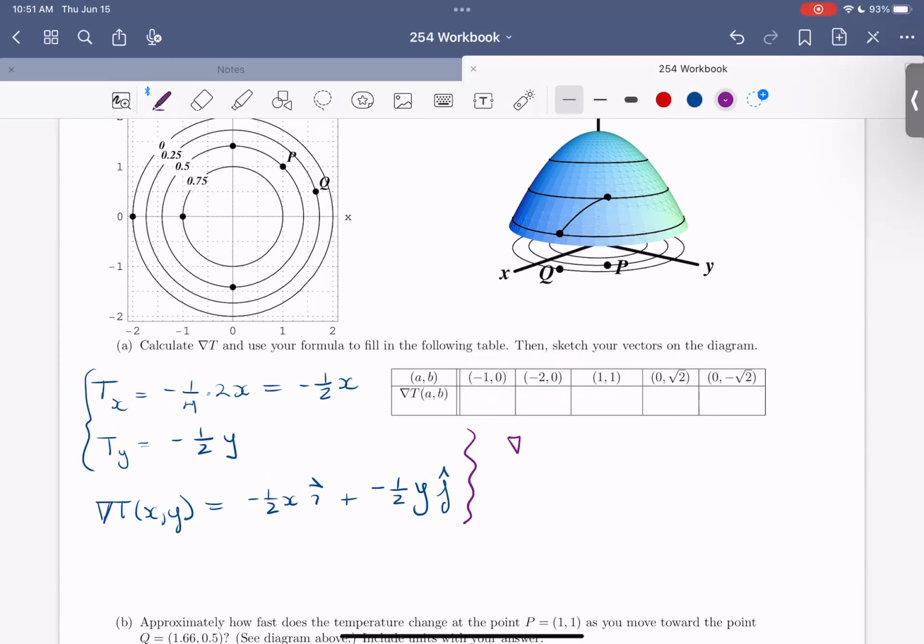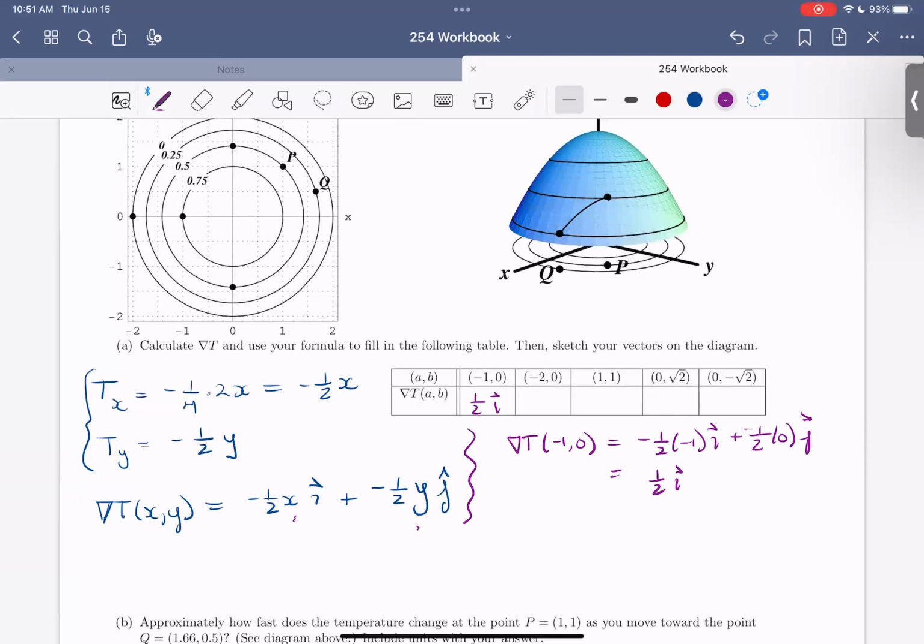If we want to know the gradient at (-1, 0), I'm going to plug in -1 for x and 0 for y. That would look like negative 1/2 times negative 1 i plus negative 1/2 times 0 j. That just becomes 1/2 i. So I can just put 1/2 i there for the gradient of T at (-1, 0).